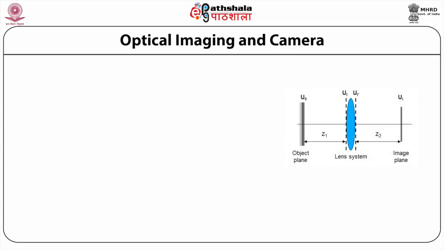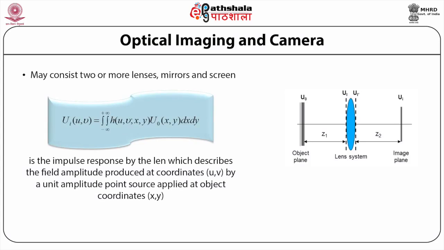The mirrors and the lenses that we talked about are primarily the most commonly found optical elements, which are used in any kind of optical instrument. For example, a camera, which is an amazing device that everybody uses these days. The camera may contain two or more lenses, plus mirrors, plus a screen to record or save the image.